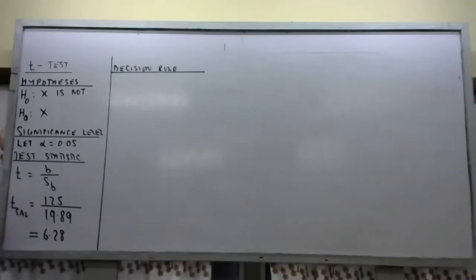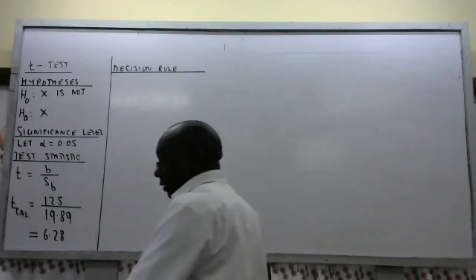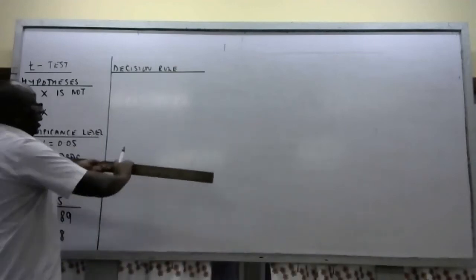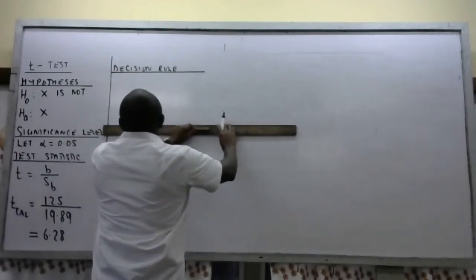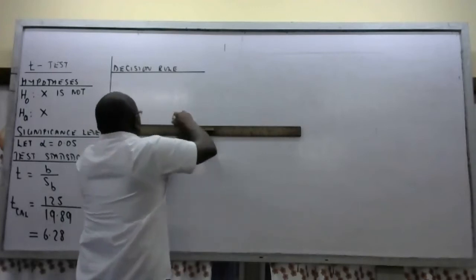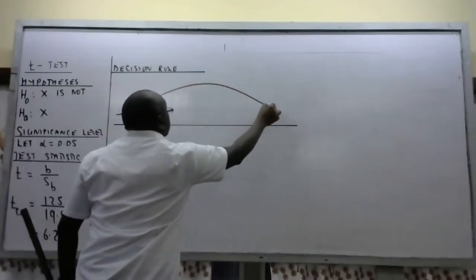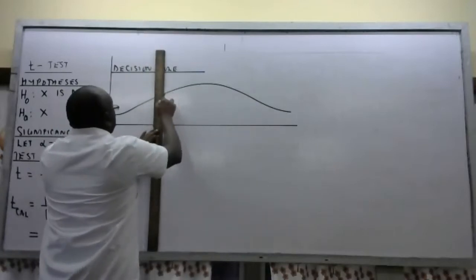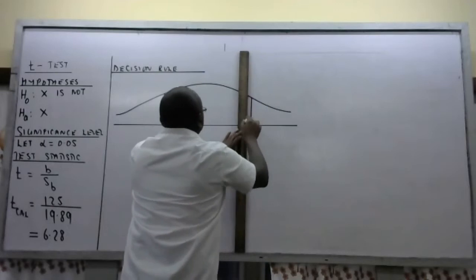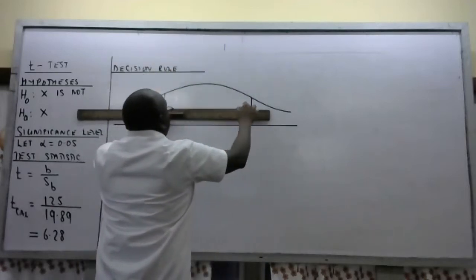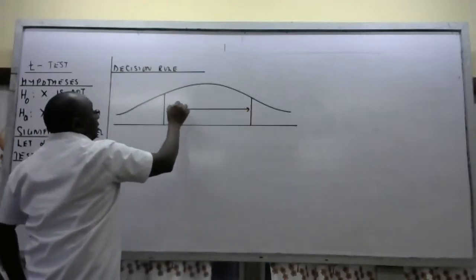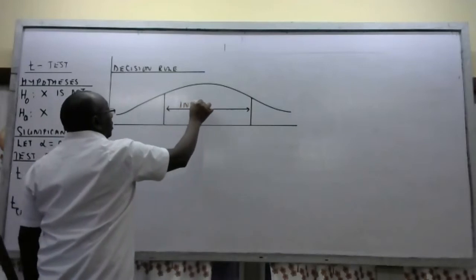Decision rule. So now this is drawn like this. When you are in this region, you can either say accept or reject. You see insignificant.